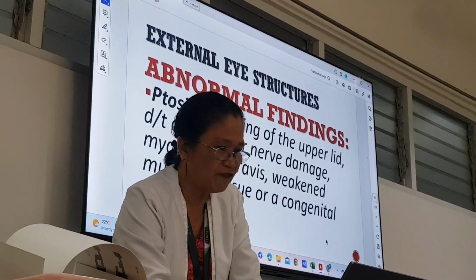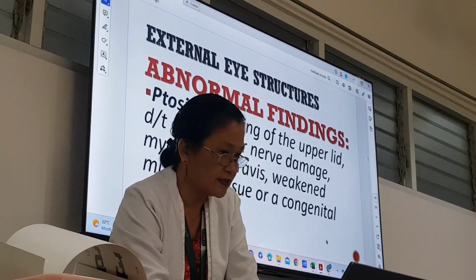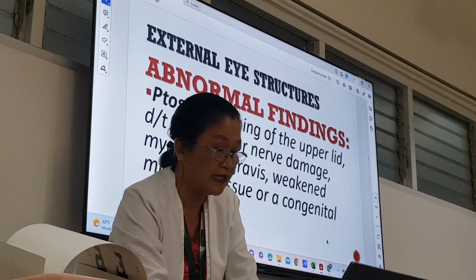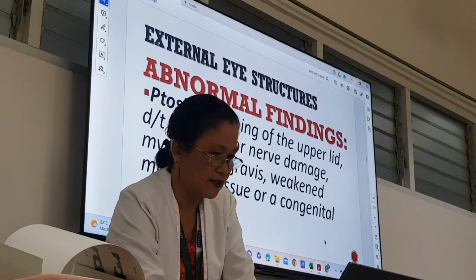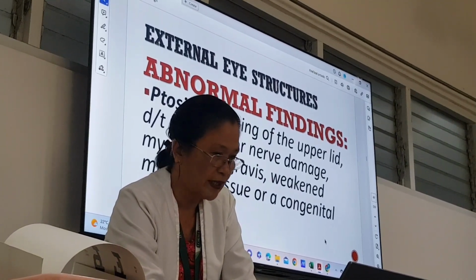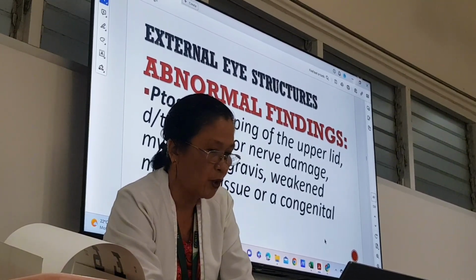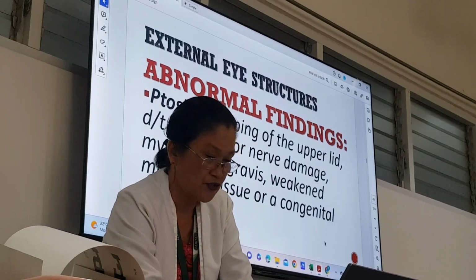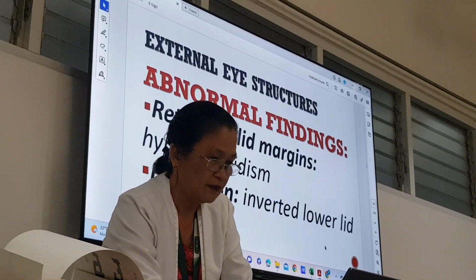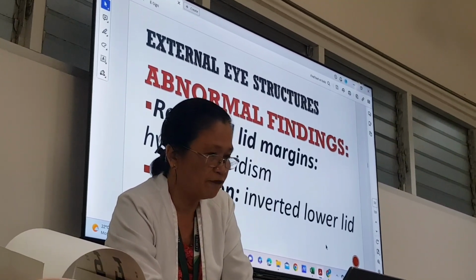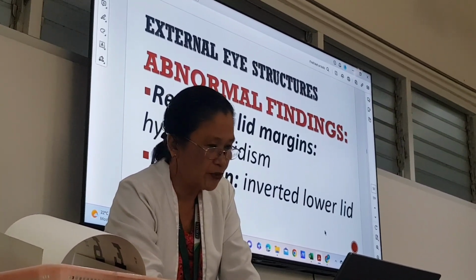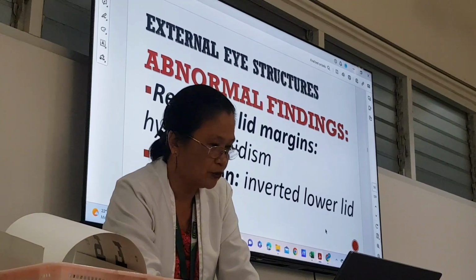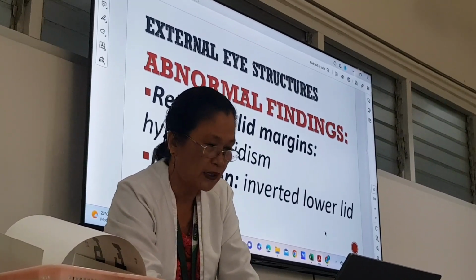So your abnormal findings: ptosis, that is dropping of the upper lid due to oculomotor nerve damage, myasthenia gravis, weakened muscle or tissue, or a congenital disorder. Another abnormal finding is retracted lid margins, seen in hyperthyroidism, and entropion, an inverted lower lid.